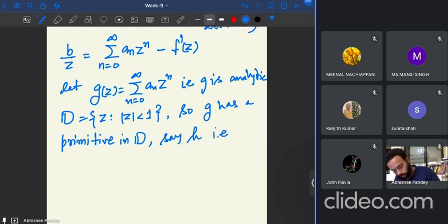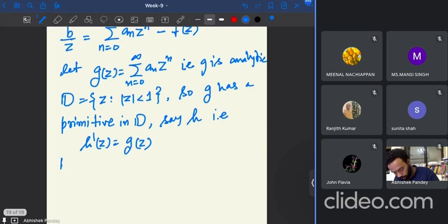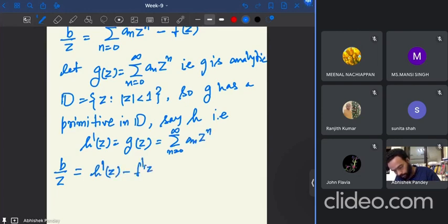That is, h dash z is g. So b by z is nothing but h dash z minus f dash z, which is the derivative of h(z) minus f(z). And this whole thing we can call capital F(z).